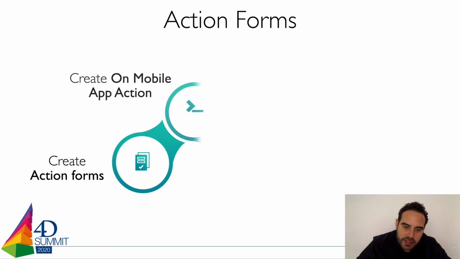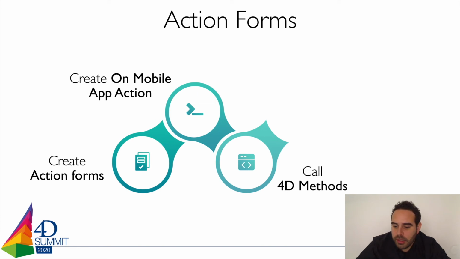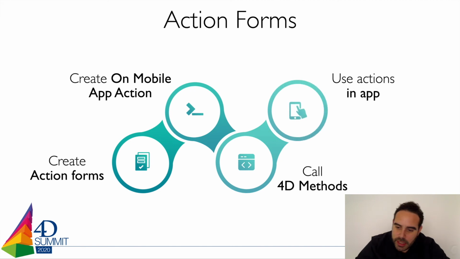Second, you will have to set your own mobile app action methods that will call the 4D methods that already exist, or you will have to create them. And finally, you will be able to use your actions directly from your app. This means that you will be able to create, edit, delete directly from your application.